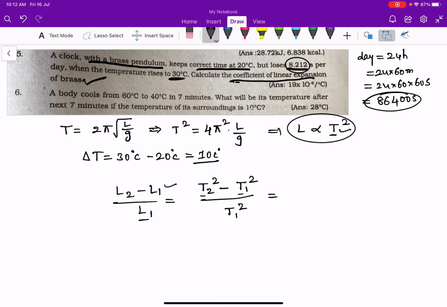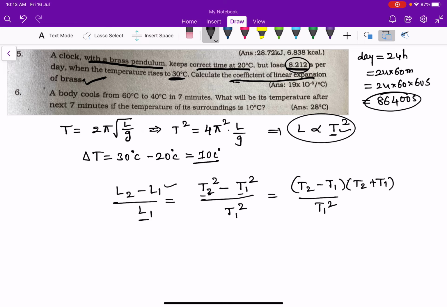It is of the form A square minus B square, that is T2 minus T1 change in time periods divided by T1 square. A square minus B square can be written as A minus B into A plus B, so T2 minus T1 into T2 plus T1.